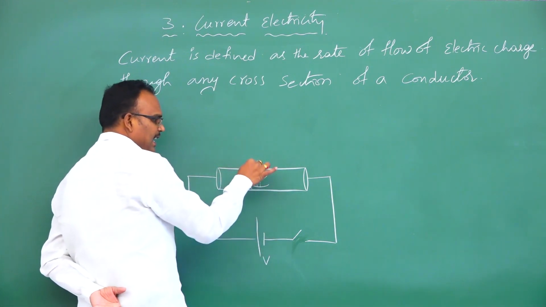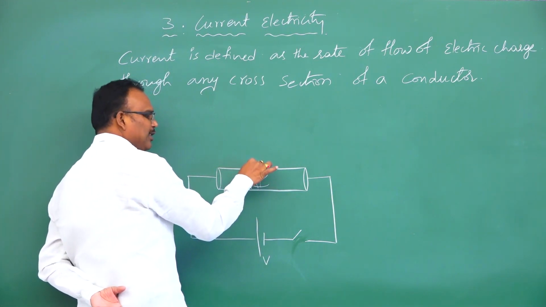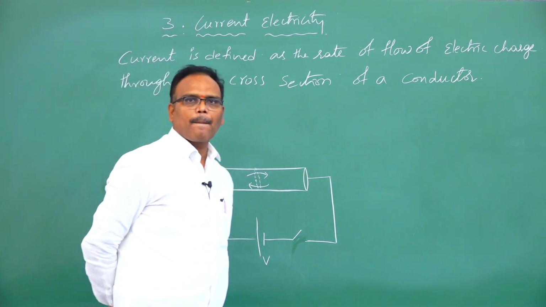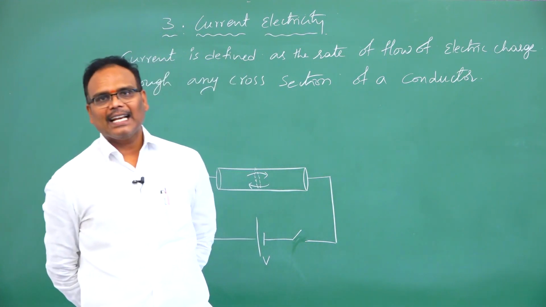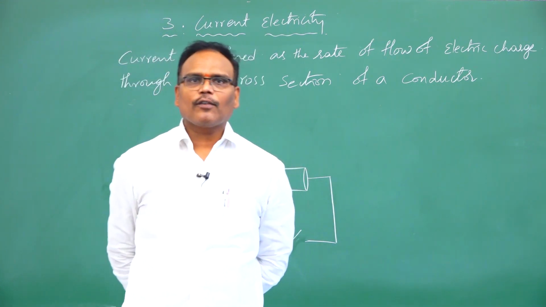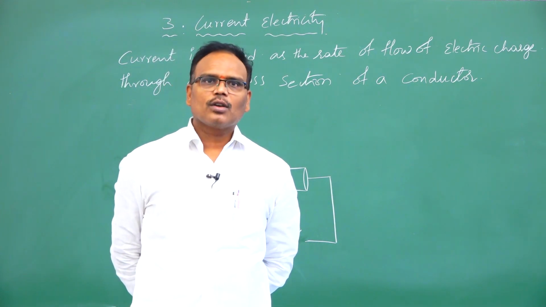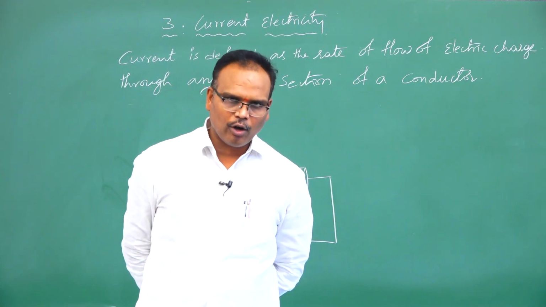That means net charge passing through this area of cross section is 0. Because of that reason, net amount of flow of charge through the area of cross section is 0. So current passing through the conductor is 0.